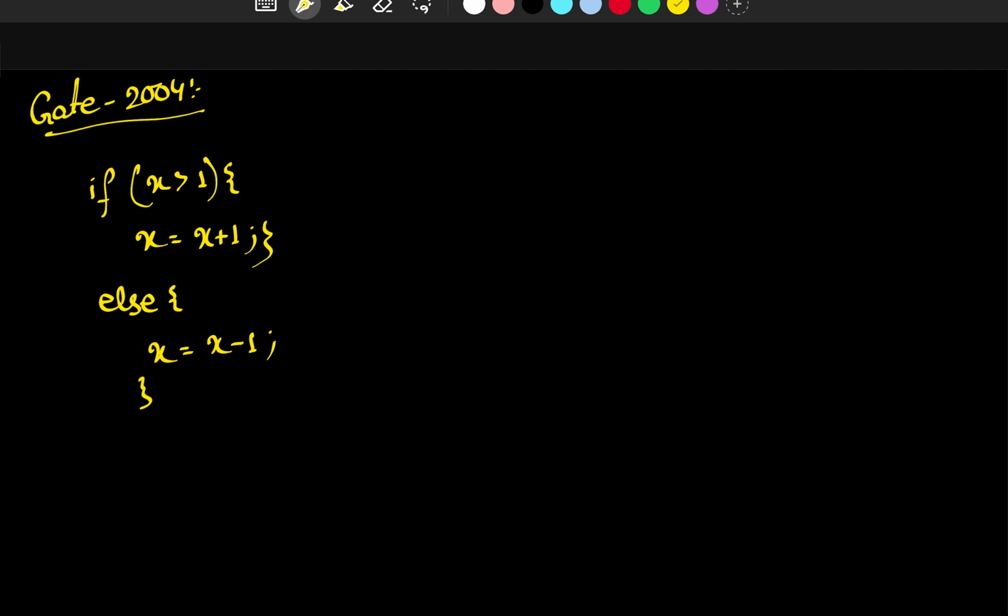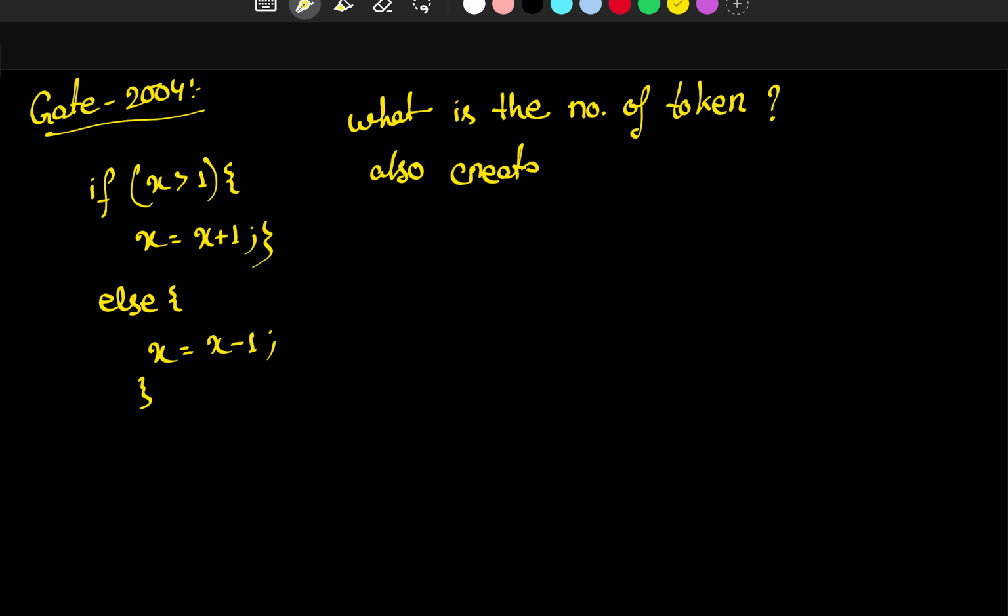And now it will tell what is in the question. What is the number of tokens, and also create the symbol table.